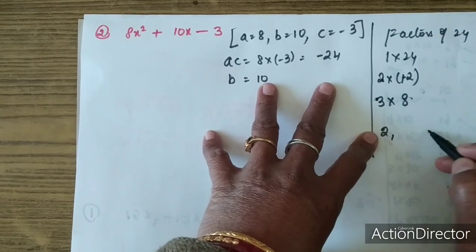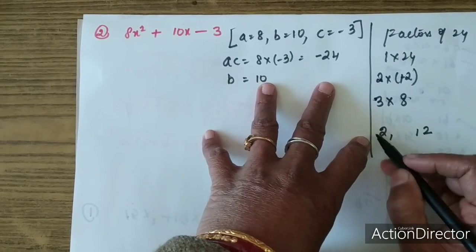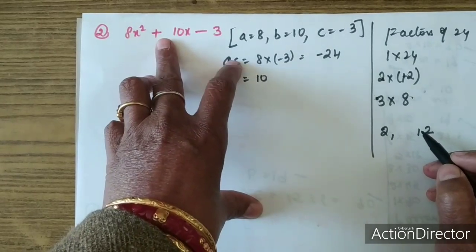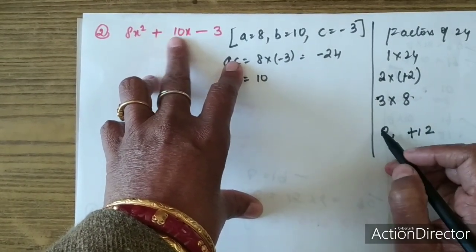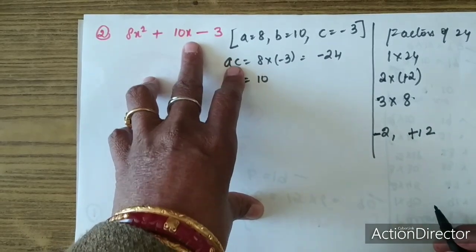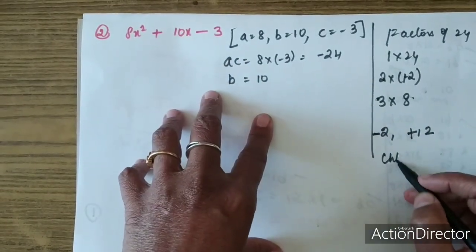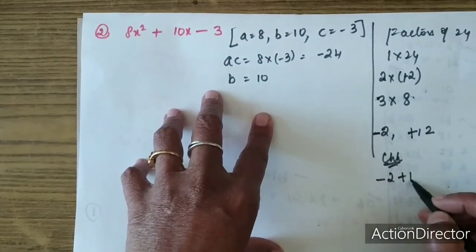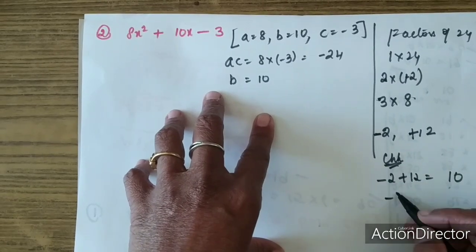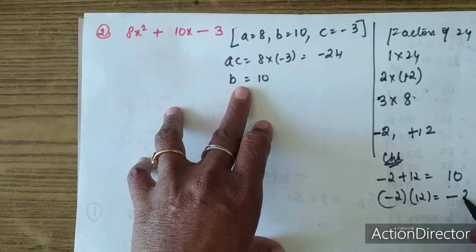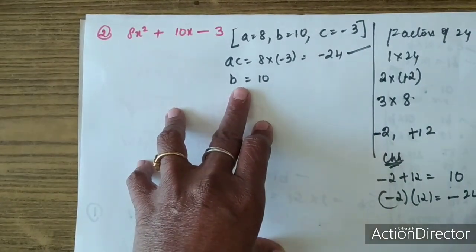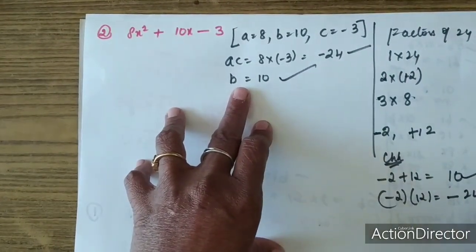Since the middle term is plus, I will put the positive sign on the greater number and the negative sign on the smaller number. You can check. Minus 2 plus 12 is equal to 10, and minus 2 into 12 is equal to minus 24. So both the answers are correct.